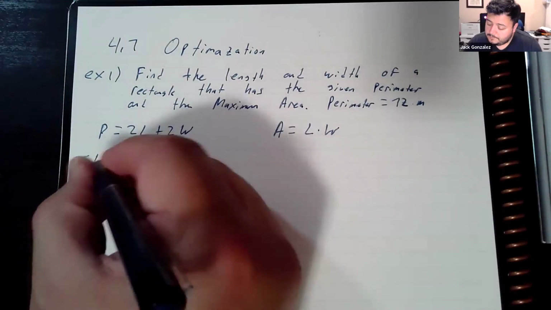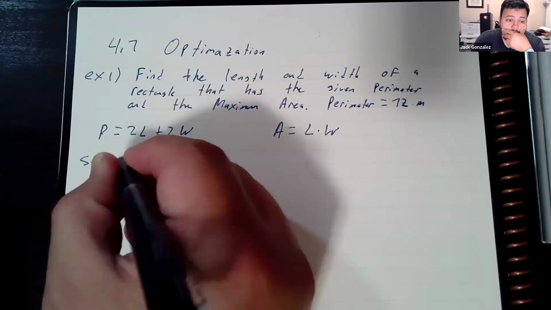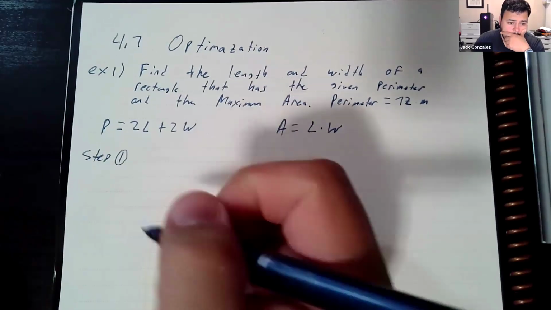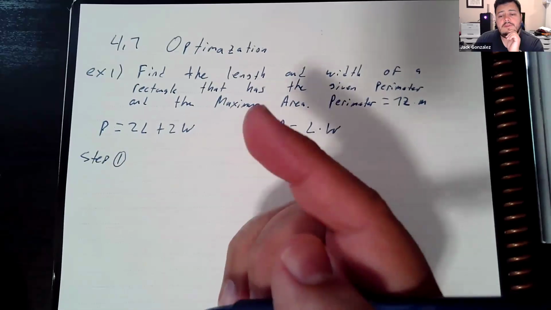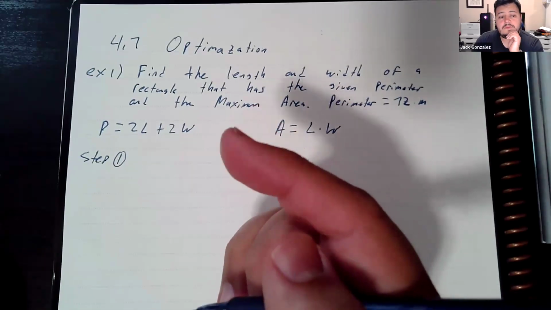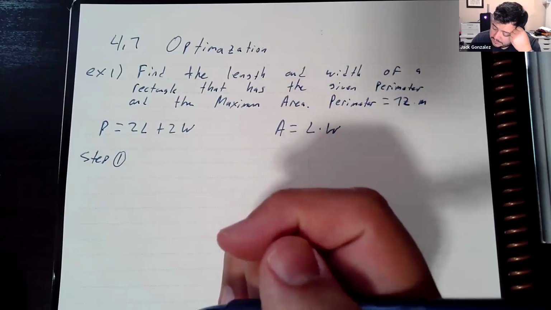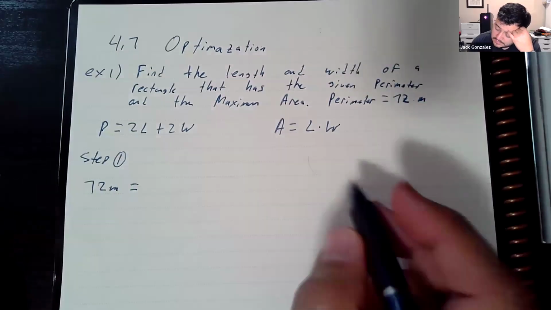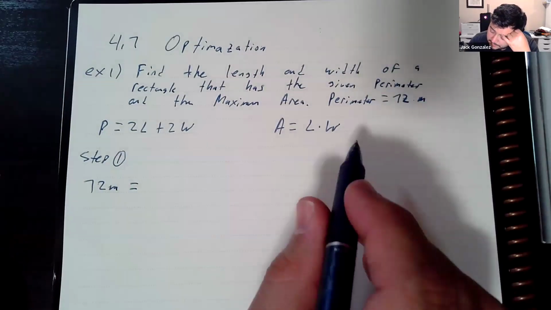Step one. I'm going to plug in the perimeter and solve for one of the variables. So plug in 72 meters, and let's solve for it first.